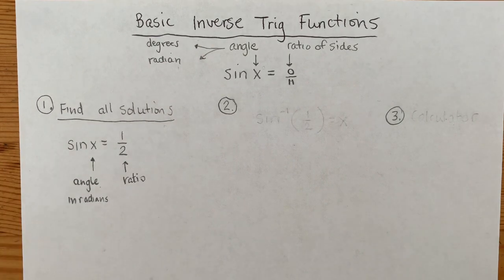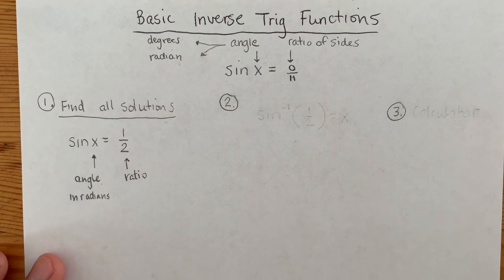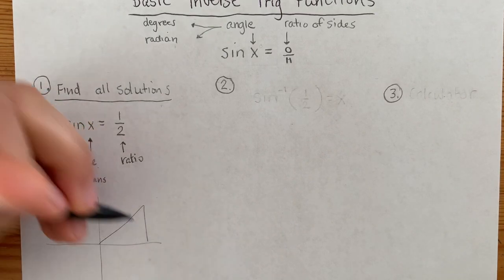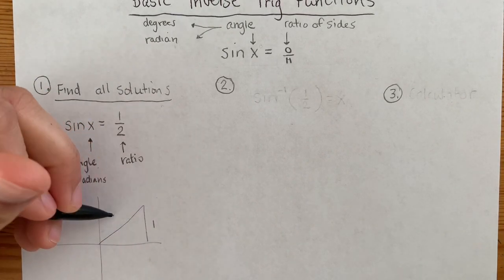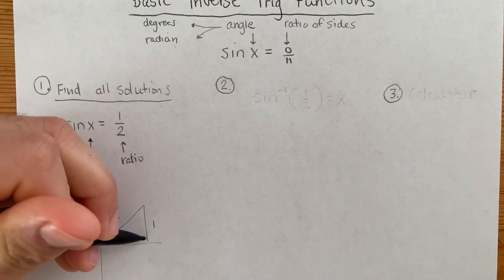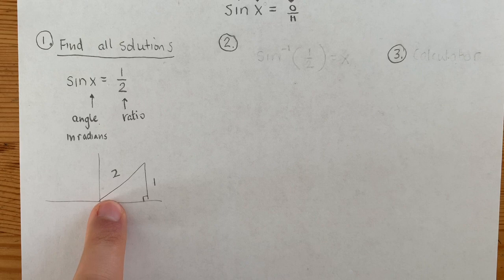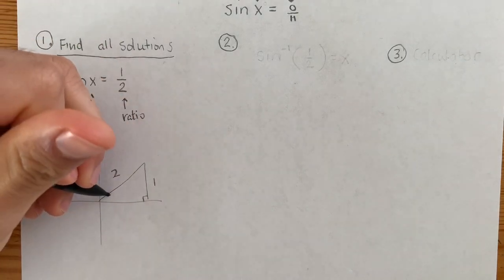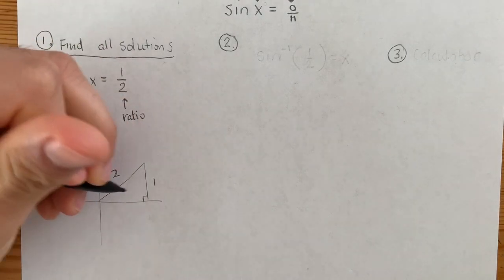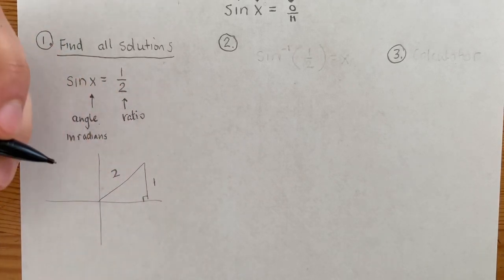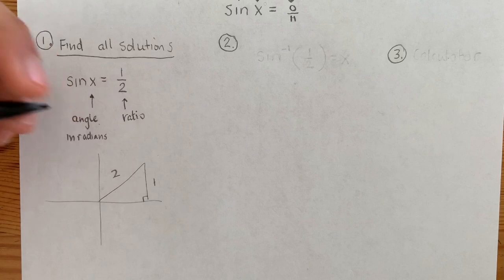So what we did to find that, we could do a couple ways. We could actually draw the triangle and figure out an opposite of 1, a hypotenuse of 2. And if that's a triangle, the angle here would be a 30-degree angle. 30 degrees would make 1 over 2, or as a radian would be pi over 6.